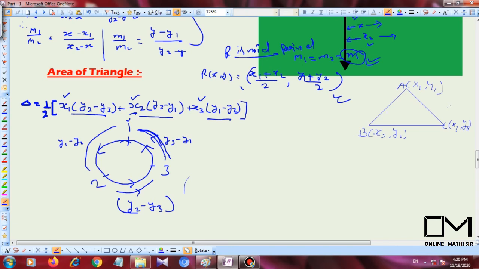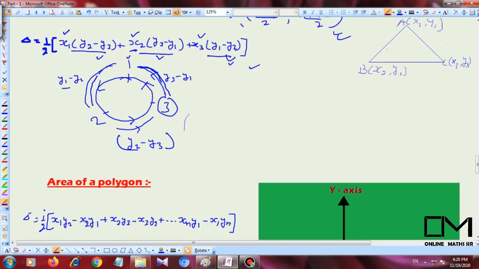Now you write x3, then inside the bracket y1 minus y2. So it is very easy to learn. The indices 2 3, 3 1, 1 2 are in cyclic order, so according to cyclic order you can learn it very easily. Clear? So this is the formula to find the area of a triangle with the help of coordinate geometry.